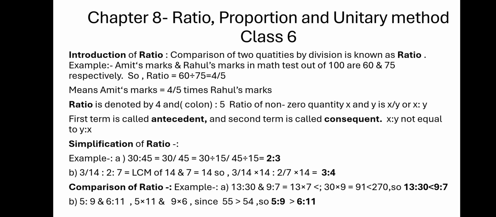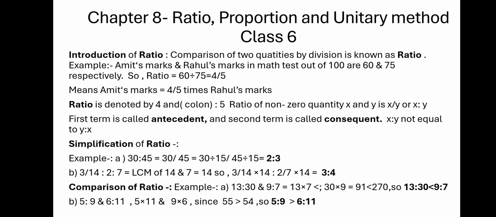So 14 and 7 LCM is 14. So when you multiply 3 upon 14 by 14, you get 3. And when you multiply 2 upon 7 by 14, you get 4. So 3 is to 4 is the simplest form of 3 upon 14 is to 2 is to 7.